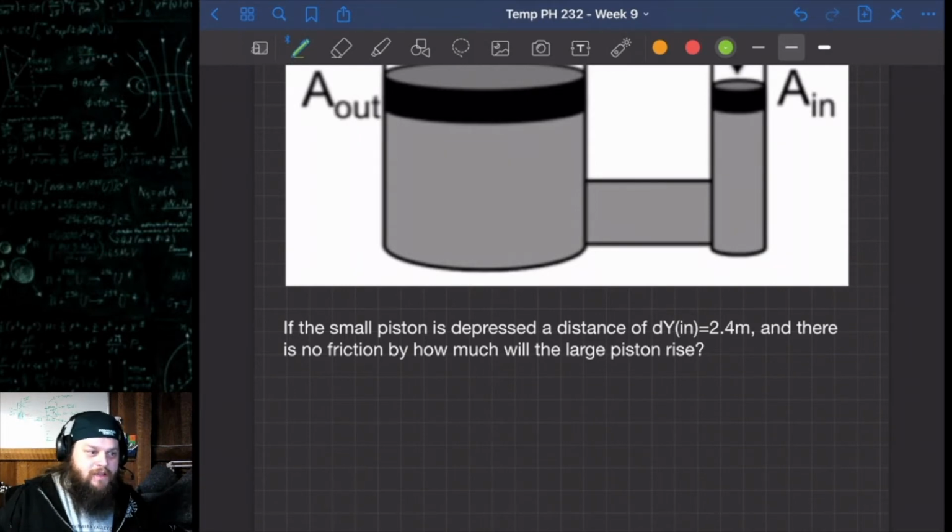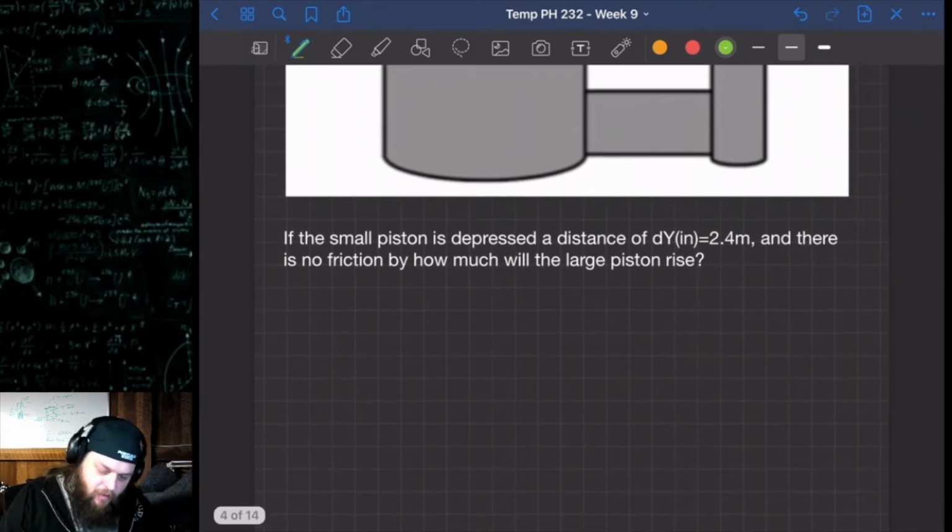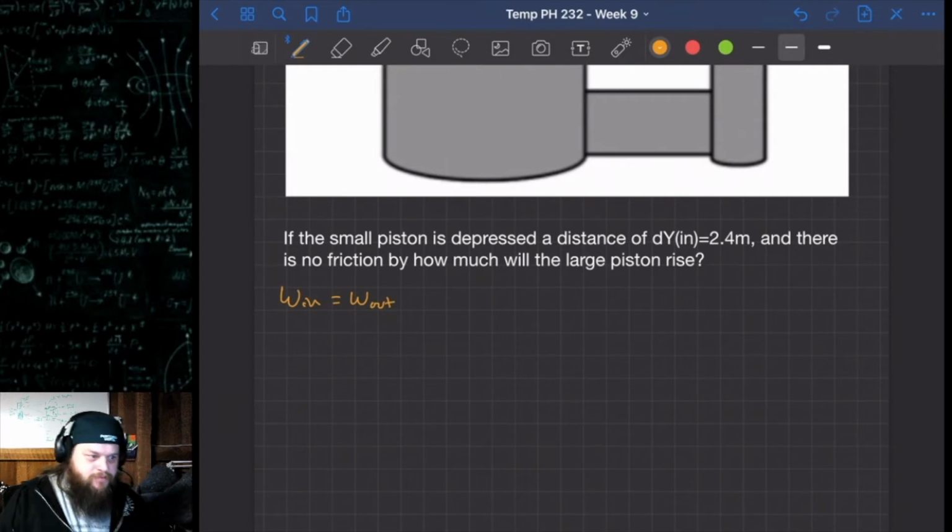So, like I said, the work going in has to equal the work going out. The work in needs to equal the work out. So that means that the force in times the distance in needs to equal the force out times the distance out.